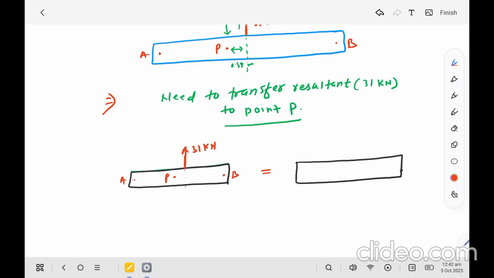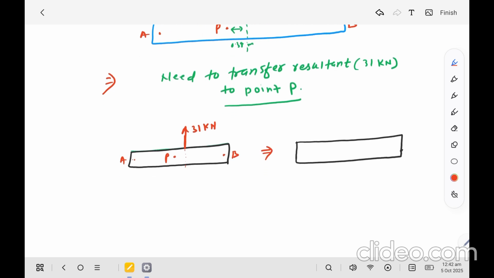Now if I transfer, this is point P, with 31 kilonewton and 31 kilonewton, and the resultant is already here.